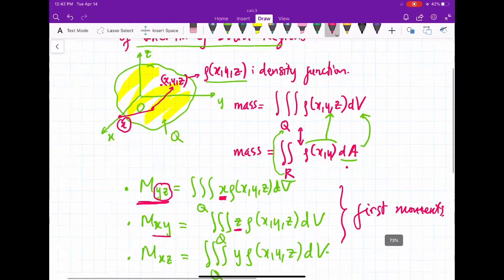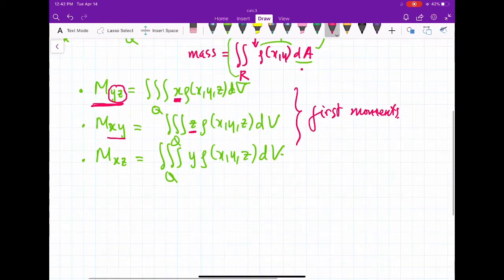And then you still have the second moments, the moments of inertia.